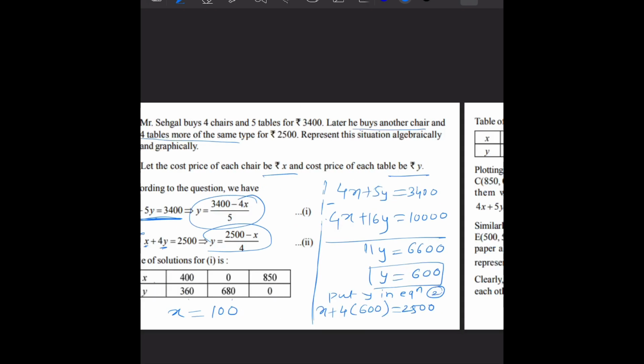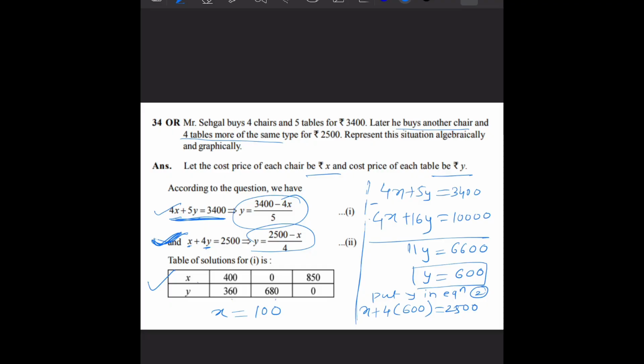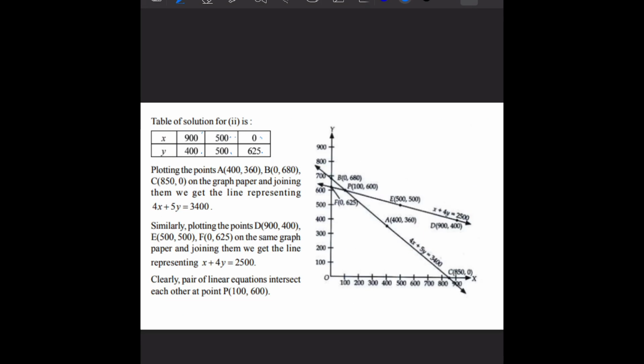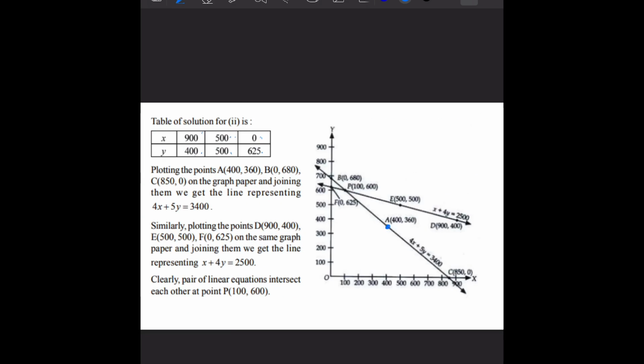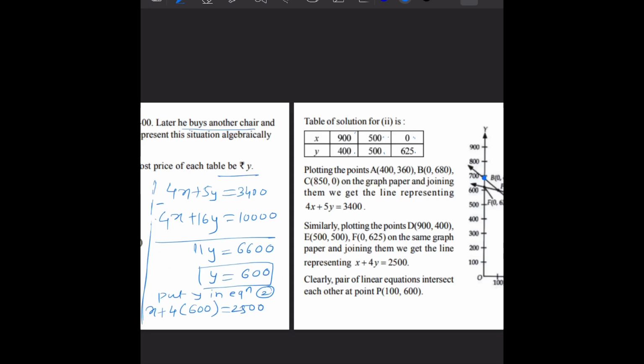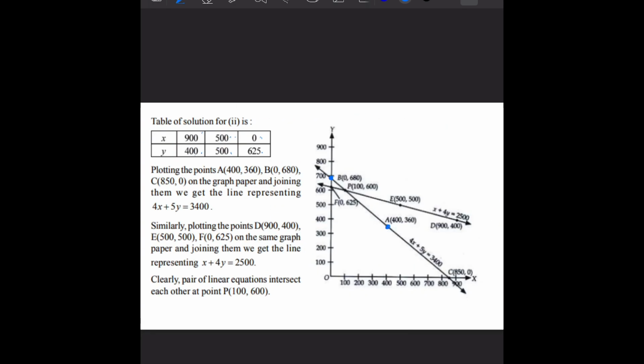Let's plot these on the graph. 400 and 360. The next will be 0, 680, which will be on the y-axis. And next 850, 0. यहाँ पर हम इन पॉइंट्स को ज्वाइन कर लेंगे.